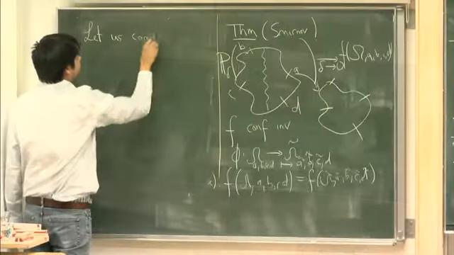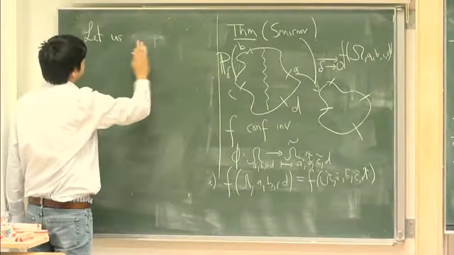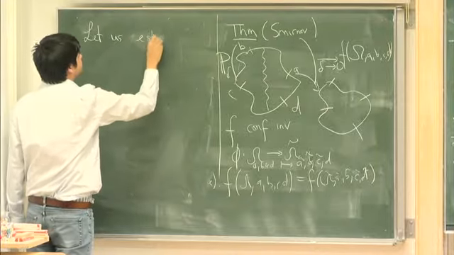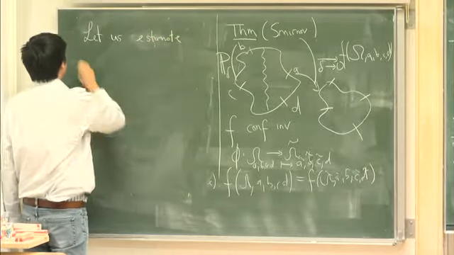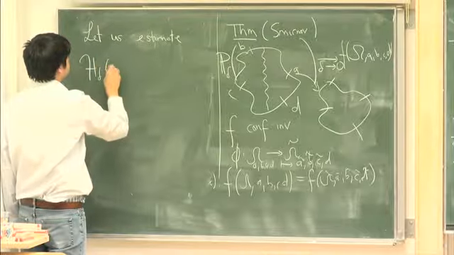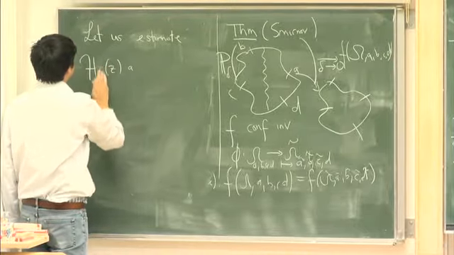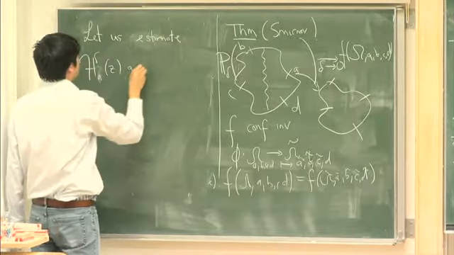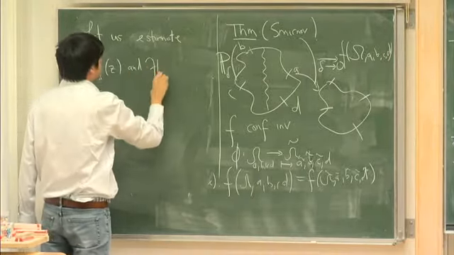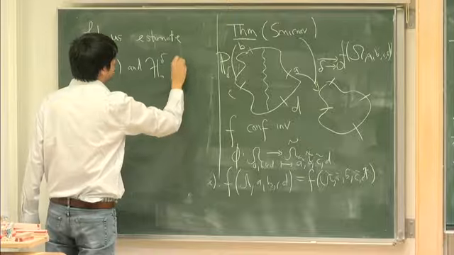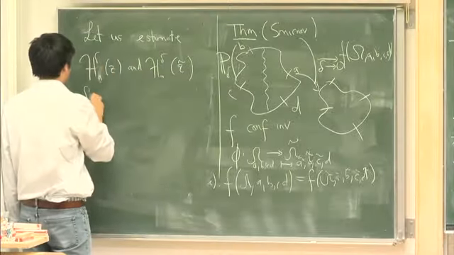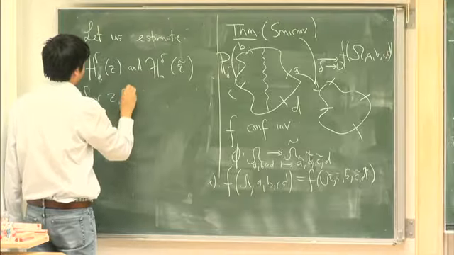So let us estimate H A delta z and H A delta z tilde for z and z tilde close to each other.